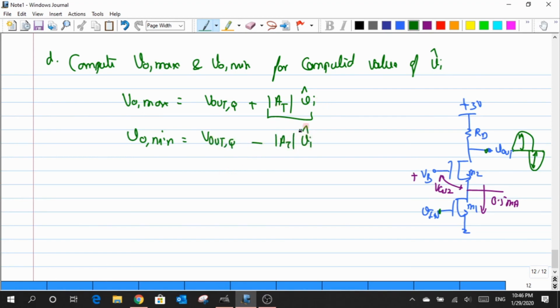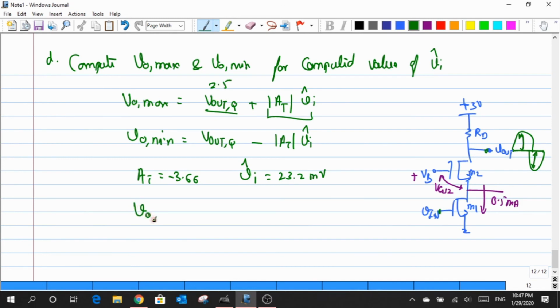When I plug in the value of Vi and the total gain, which we computed earlier in part B and turns out to be 3.66, and the Vi hat equal to 23.2 millivolt, and V out Q equal to 2.5 volt, these are the base values.